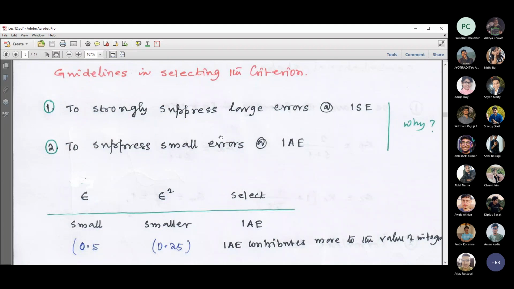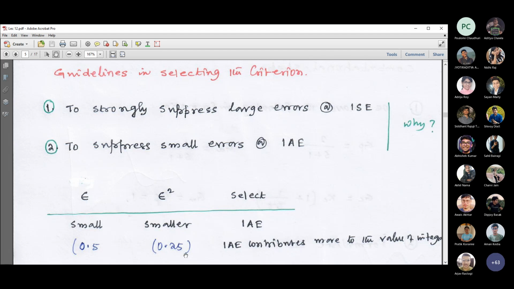So which one is contributing more to the objective function? 0.5, because 0.5 is greater than 0.25. So we'll definitely consider the case which considers 0.5, because it gives more value to the objective function. That means based on which we are going to find out the tuning parameters, they will act more strongly than this one.